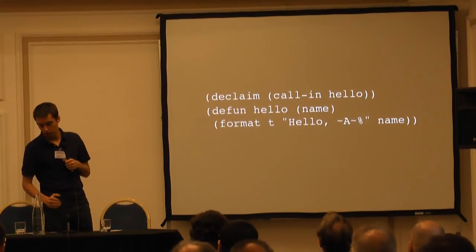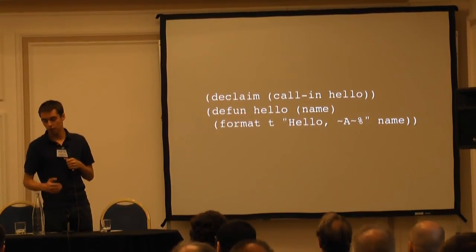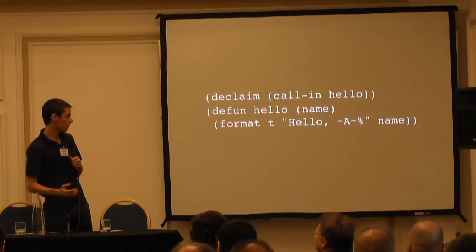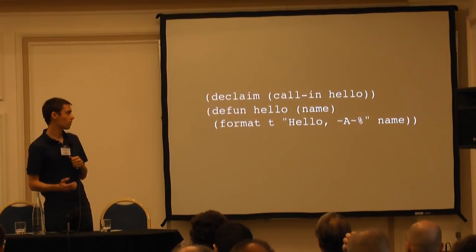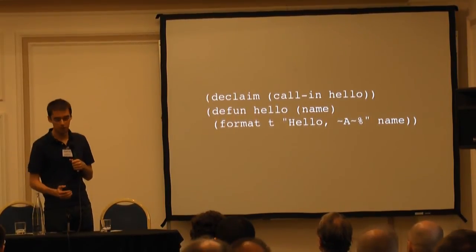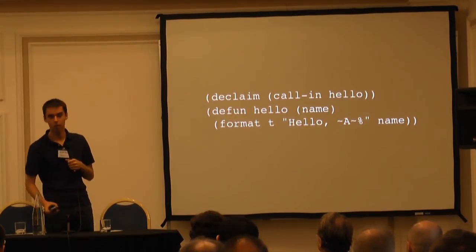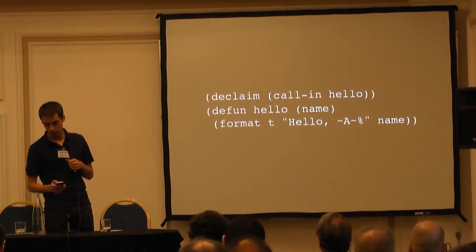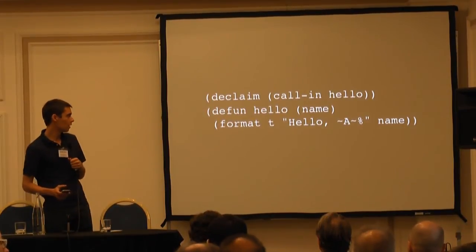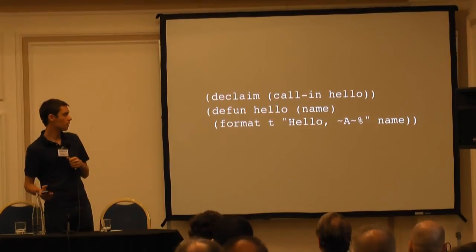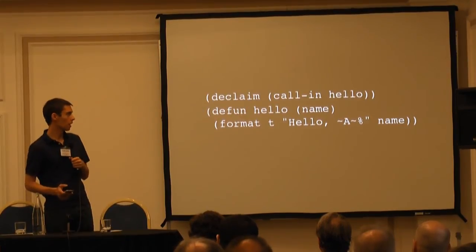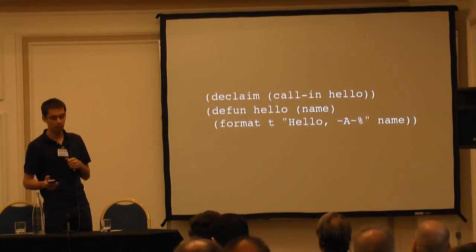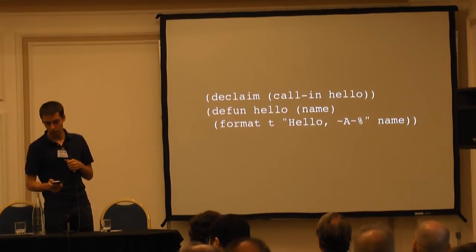And I've tried very hard to make Mocl as convenient as possible with this kind of stuff, so there's a minimum of boilerplate. If you don't need to specify it, you don't have to. And so this function actually, you'll be calling it from Java or Objective-C. If you passed it a string, it would work with that. If you passed it an integer, it would work with that. If you passed it a float, it would work with that.